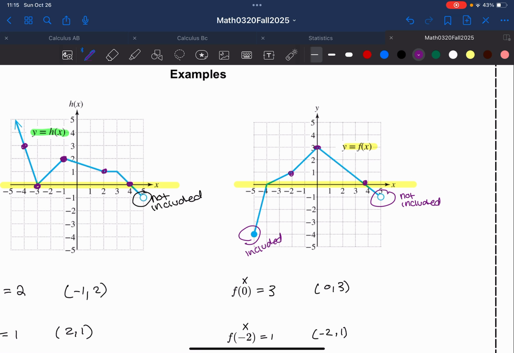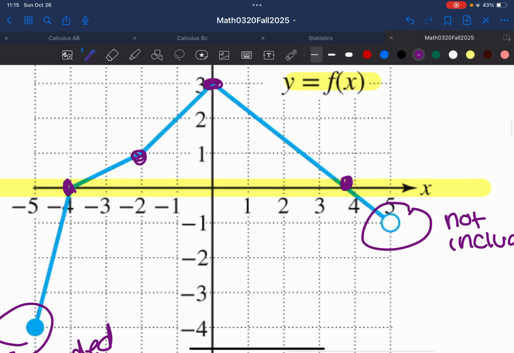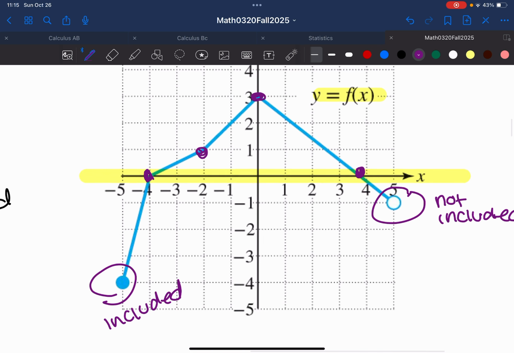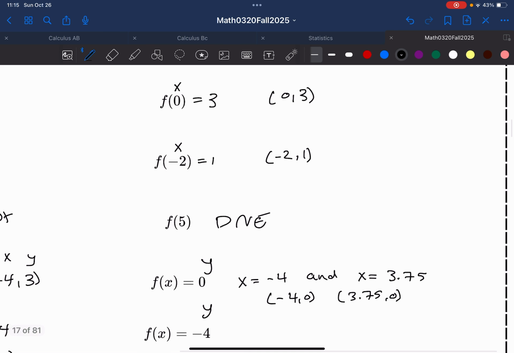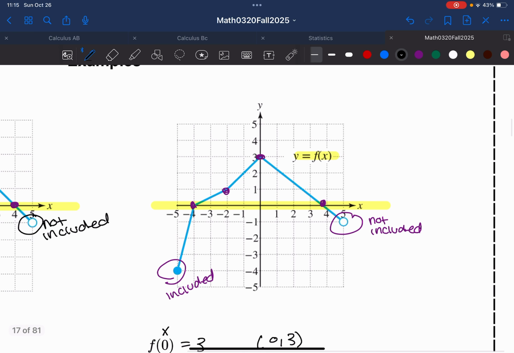At negative 4, and it's not quite on 4, so I'm just going to say 3.75. So that means I have x is equal to negative 4 and x is equal to 3.75, or I would write the points negative 4, 0 and 3.75, comma 0.